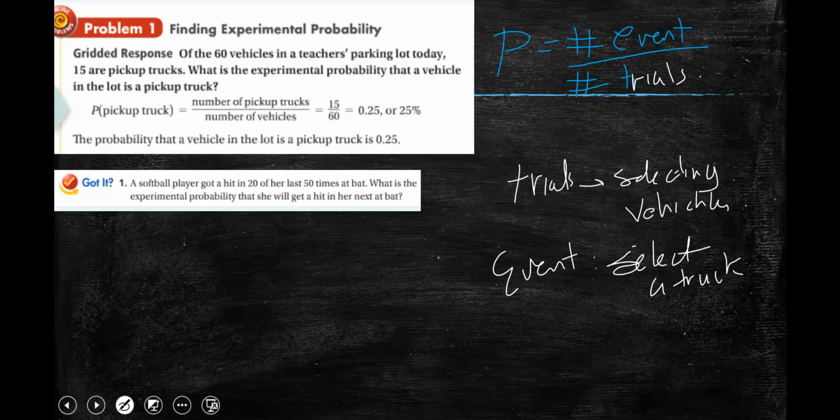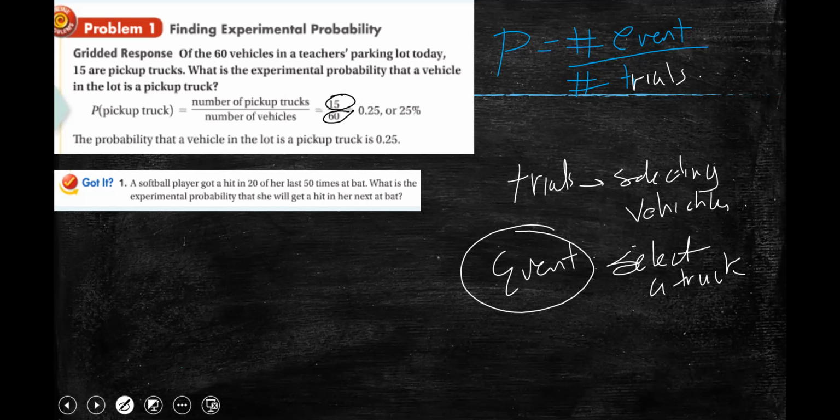So let's find the probability now. The probability of the pickup truck, of this event to occur, is the number of the trucks, which is 15, over the number of the vehicles, which is 60.